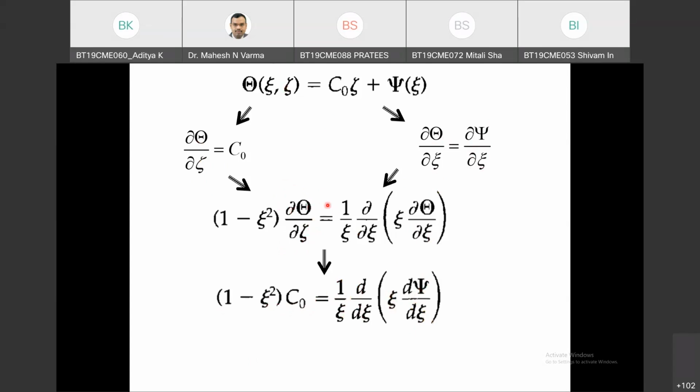Now this is the single parameter, one-dimensional equation. That one dimension is eliminated, zeta is eliminated, z is eliminated actually. That is why this kind of solution is assumed. So while assuming this solution, you need to think of what differential equation you have, what problem you have.